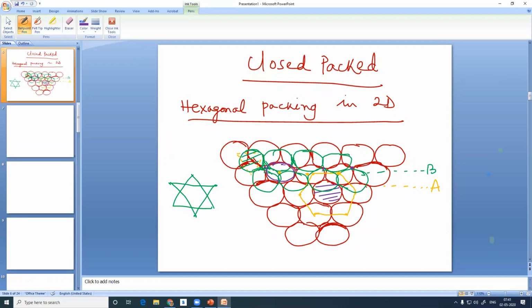And above that, if I place a sphere, then it will exactly fall corresponding to the bottom layer. So we call that again the A layer, right? This is the A layer. Again, I will put another here, here, here, here. So these are tetrahedral holes. But if I put here, here, here, here, then it will not correspond to the bottom layer. It will be generating a third layer.